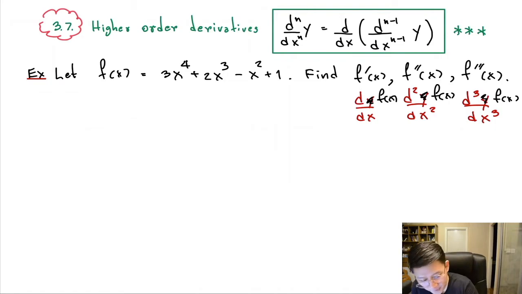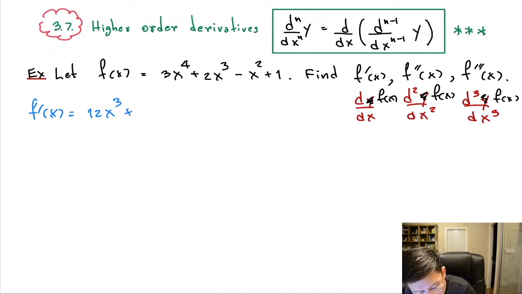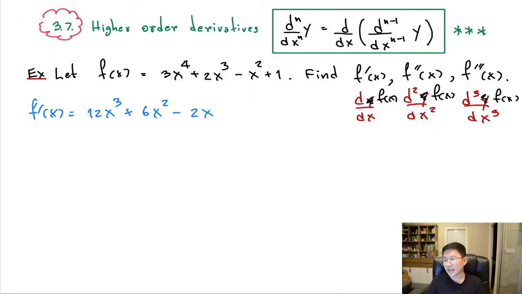First let's find f prime of x, which is 12x cubed plus 6x squared minus 2x plus 0. I won't write plus 0. That is easy, isn't it? 12x cubed plus 6x squared minus 2x. I need to make sure it's not wrong.